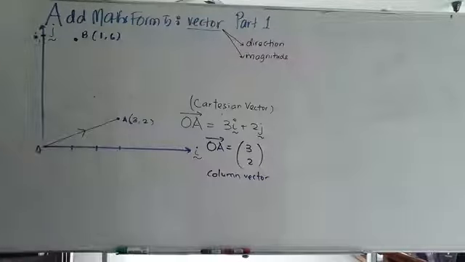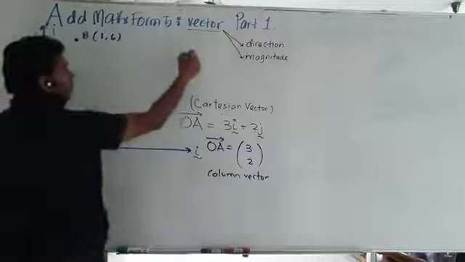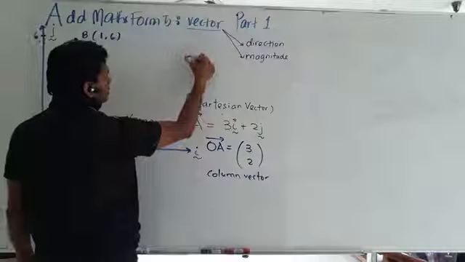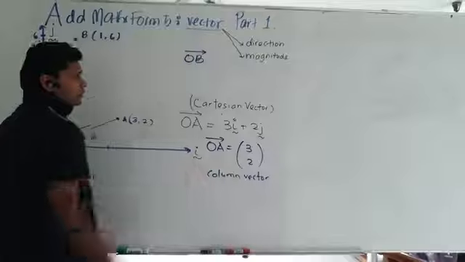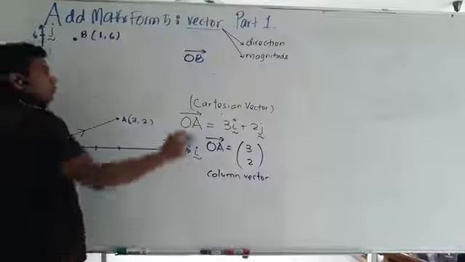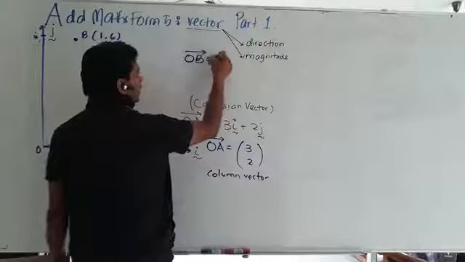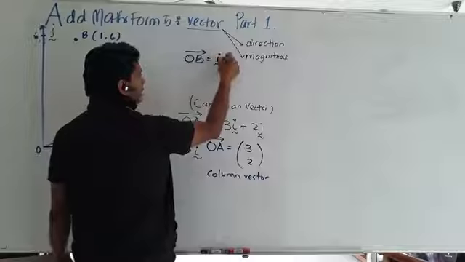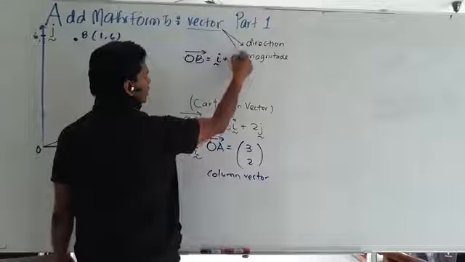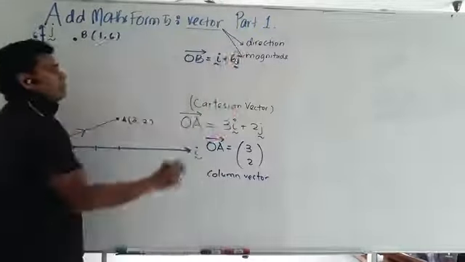2 is here, right? So if we are talking about B, the coordinate of OB is (1, 6). So therefore, I can say OB, you must have this arrow, right? OB should be written as 1i + 6j. So that's it.